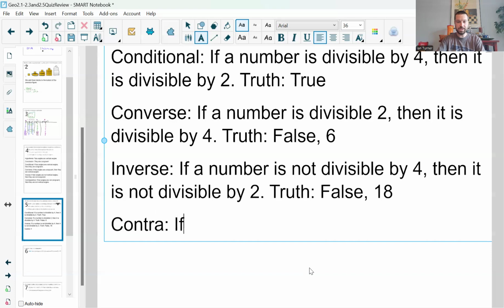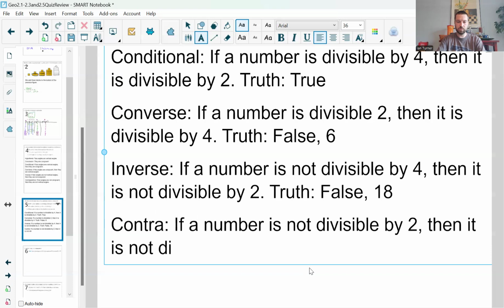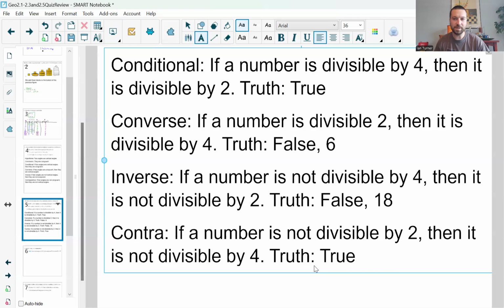So the final one, if a number is not divisible by 2, then it is not divisible by 4. And that is true. Okay? So again, you have something like that on the quiz. Be ready to write it all out. Give a truth value. Remember that the conditional and the contrapositive go together, and the converse and the inverse go together.